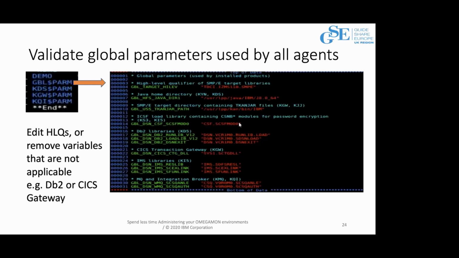And you've got DB2, CICS, IMS, MQ. These are the target libraries that generally are available on each LPAR where these subsystems are installed. If the high-level qualifiers need updating, just change them. If you do not have DB2 or CICS in your mainframe environment, just delete these entries. You don't need them. Just delete them.